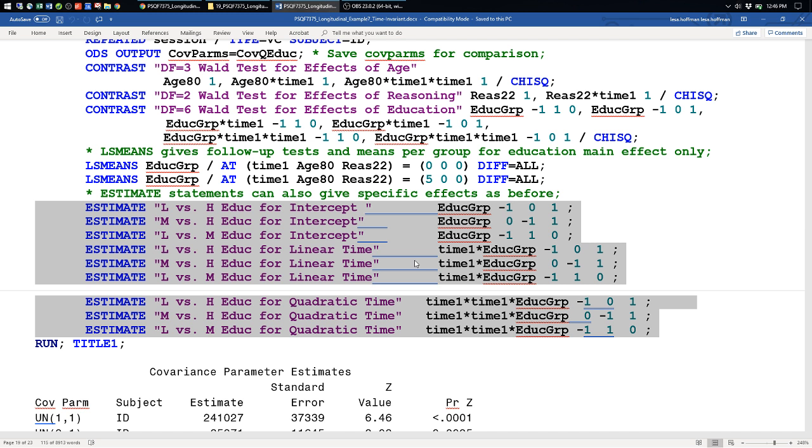And the third one is the one that is implied but not given. It's the difference between the two non-reference groups.